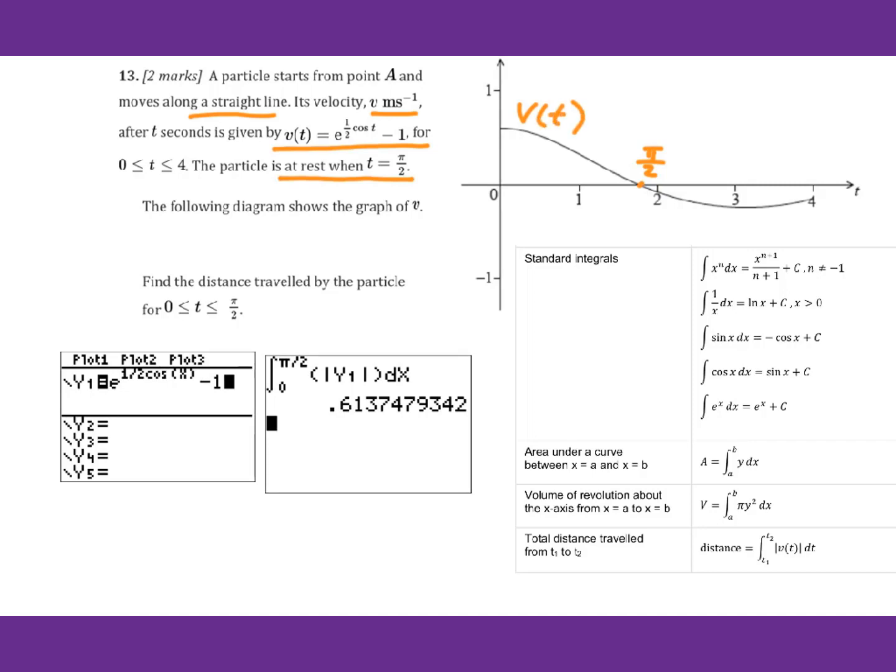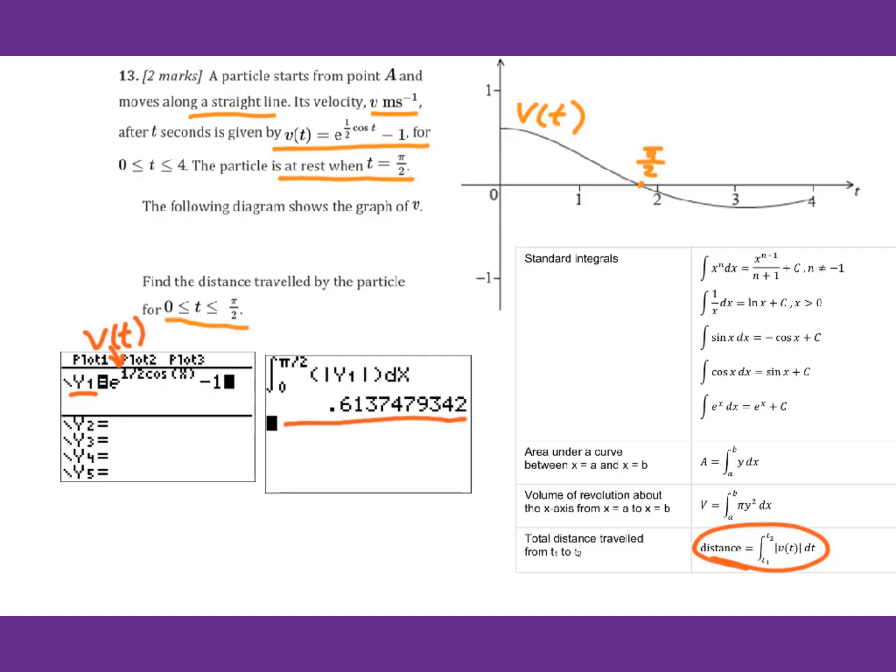Find the distance traveled by the particle for t greater than or equal to 0 and less than or equal to pi over 2. We have to use this formula. So we set up y1 equals v of t, then put it into the calculator like this.